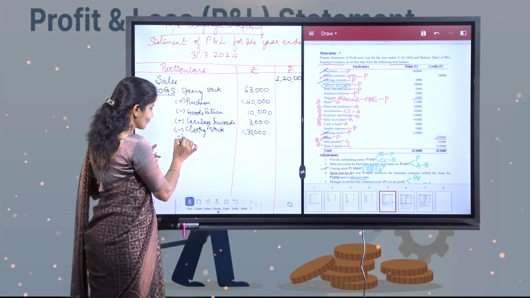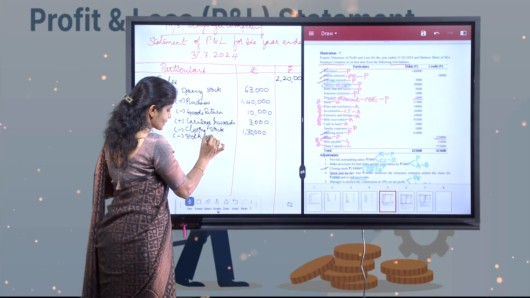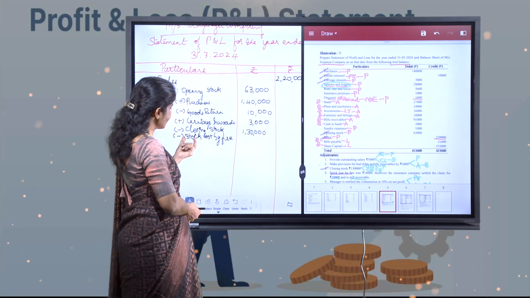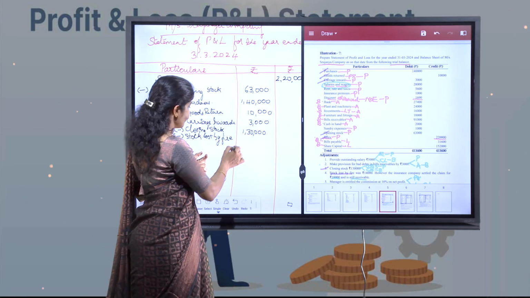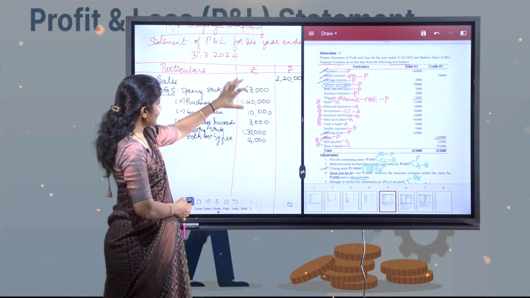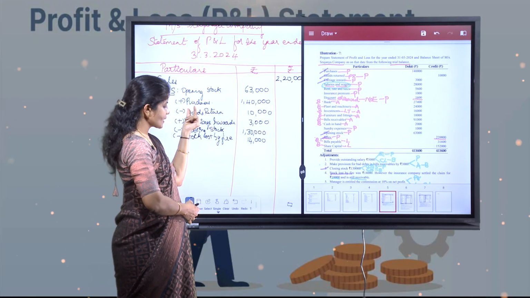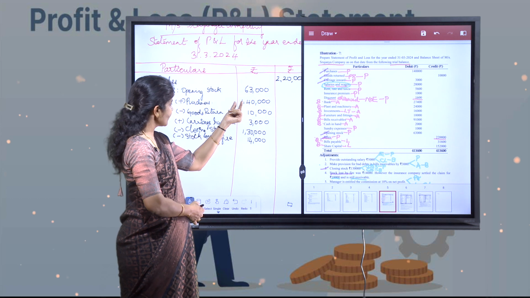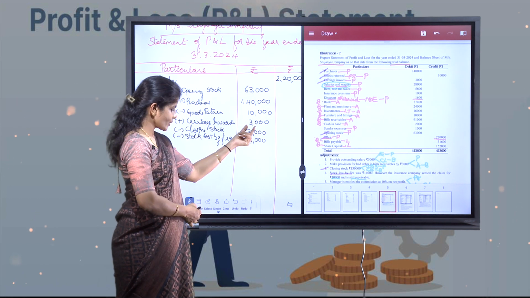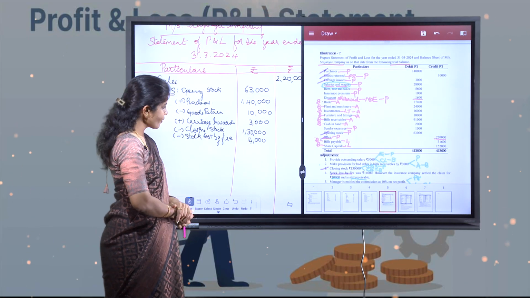So let us deduct even that stock lost by fire, which is 14,000. Let us take the total: opening stock 63,000, purchases 1,40,000, goods return 10,000, carriage inwards 3,000, closing stock 1,30,000, stock lost by fire 14,000.